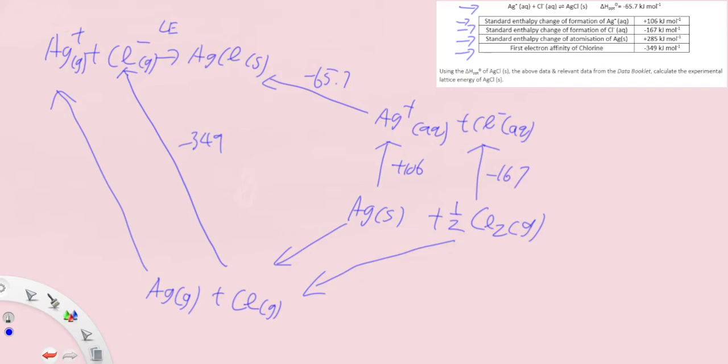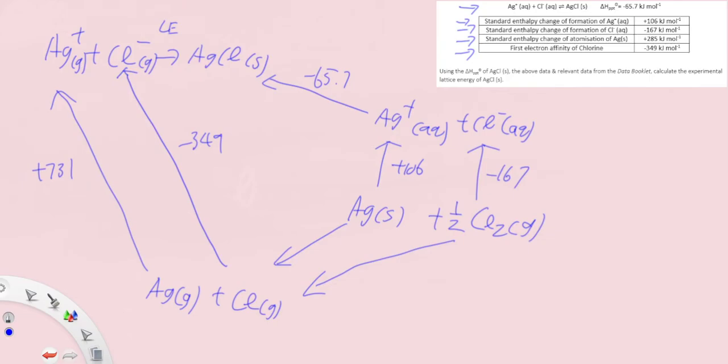Gaseous silver to gaseous silver ion is simply the first IE, given as 731, and it's definitely positive 731 because it is endothermic, absorbing energy to take away 1 mole of electrons. Then to go from half chlorine gas to chlorine atom, you're simply breaking the Cl-Cl bond.